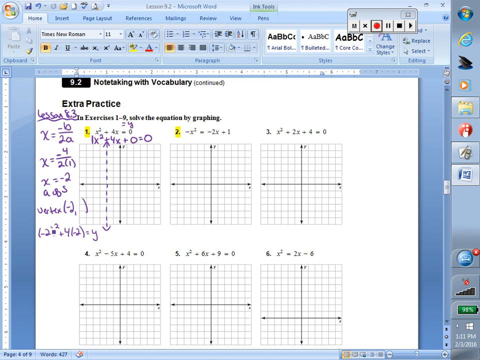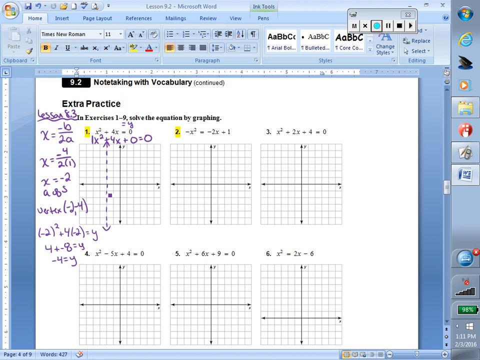Negative 2 squared, remember, we substitute so we have parentheses. So this does come out to be positive 4. You have to be very careful when you're using your calculator. We have to use those parentheses around the negative, otherwise our calculator will tell us that's negative 4. So 4 plus negative 8, we get negative 4 for our y value.